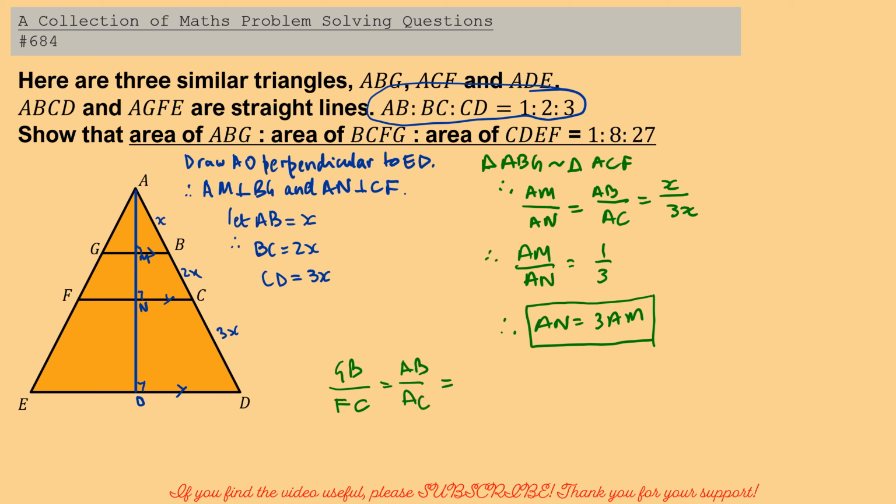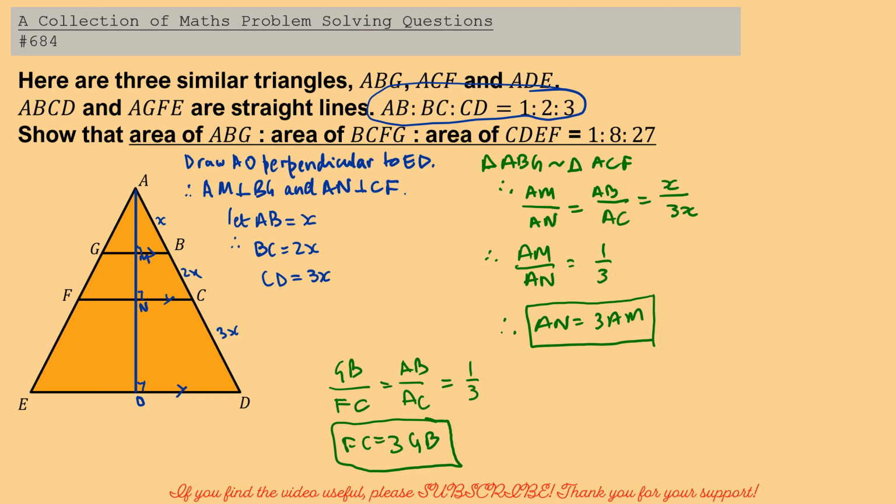So that is x out of 3x, or that is equal to 1 out of 3. So then I can say FC equals 3GB. Right? So now if I have got that, then I can write the area.